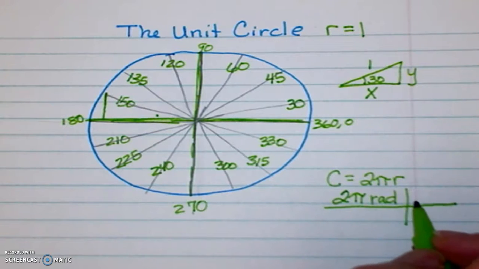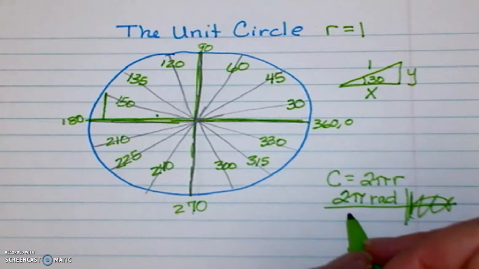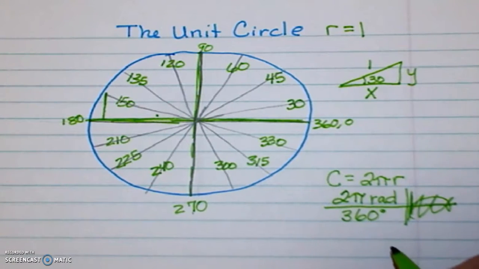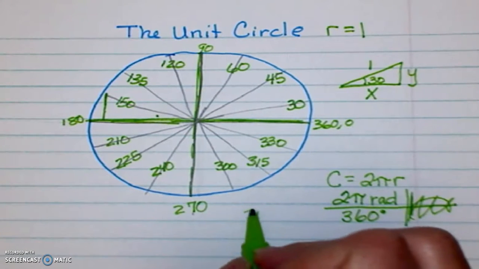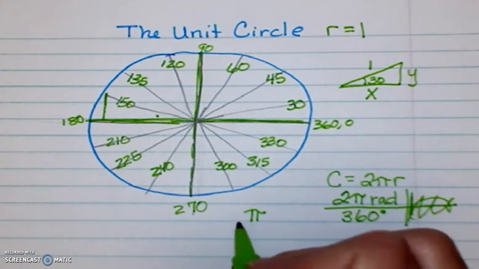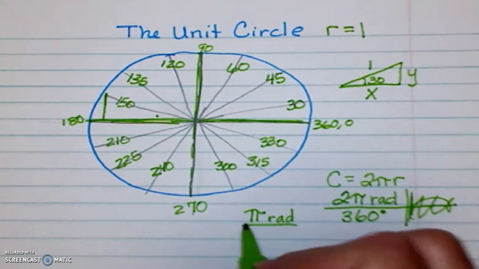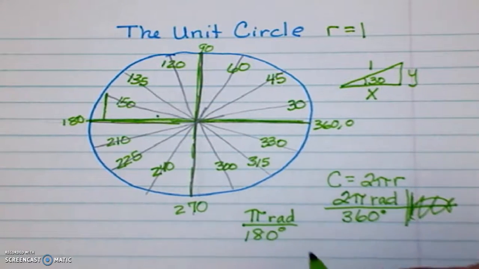So 2 pi radians is equivalent to 360 degrees. Now if you divide both of those by 2, pi radians is equivalent to 180 degrees.